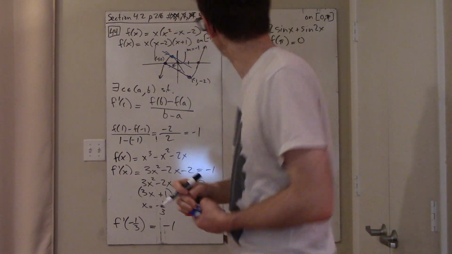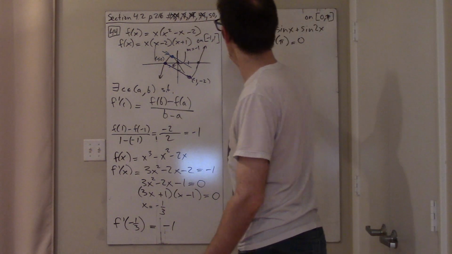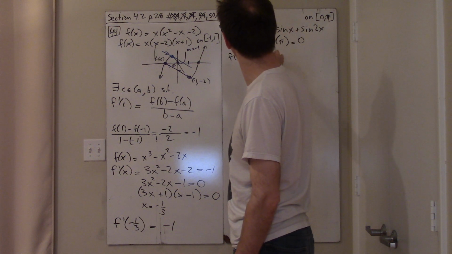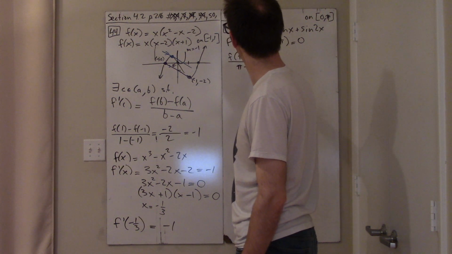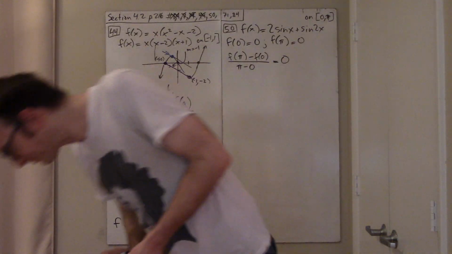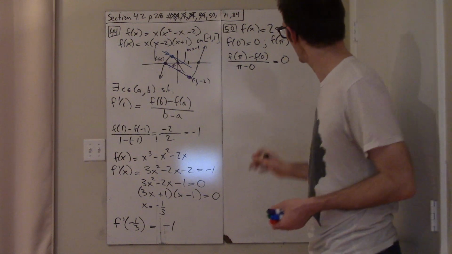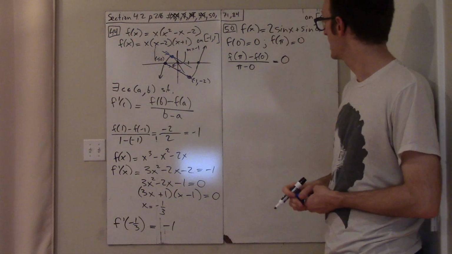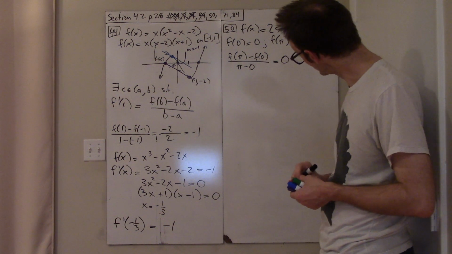Which is to say that in this case, f of pi minus f of 0 over pi minus 0 is just going to be 0 because they both have value 0. So really this is maybe a bad problem, because this is more of a Rolle's theorem kind of situation. They have the same y value at the beginning and end. Okay, whatever. We push on.